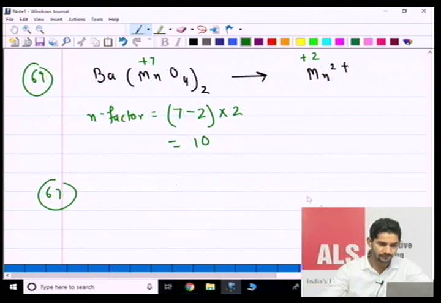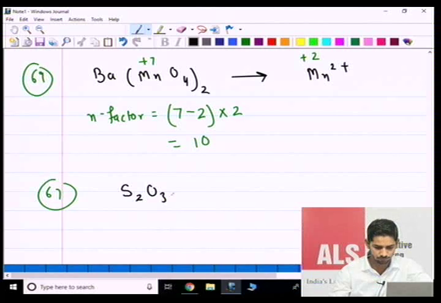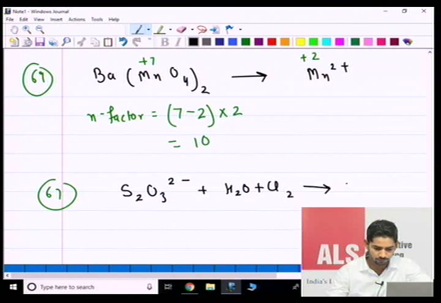Number 67. Equation is S2O3 2 minus plus H2O plus Cl2 is giving you Na2SO4. So I can write it as SO4 2 minus.